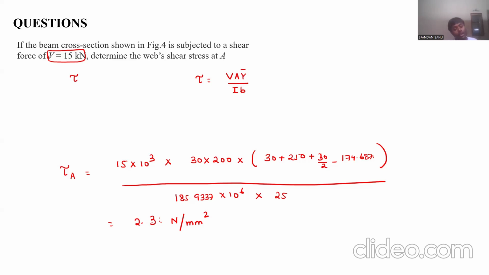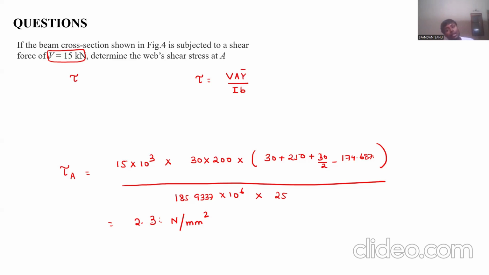So the surfaces which are devoid of those shear stresses will be the bottom one, or the base of the bottom flange, and the top of the top flange respectively.